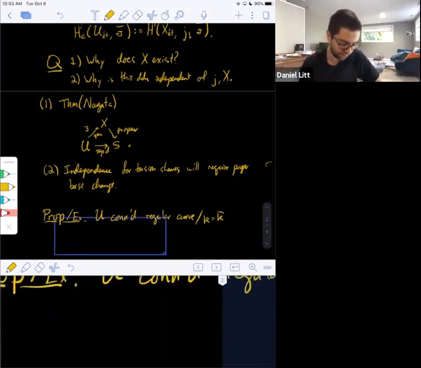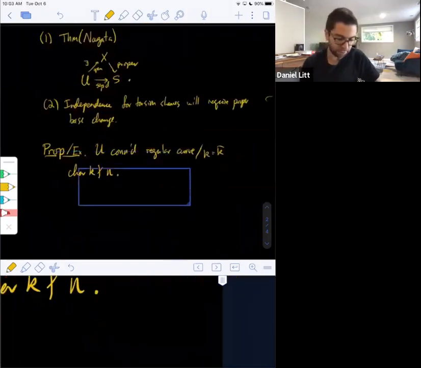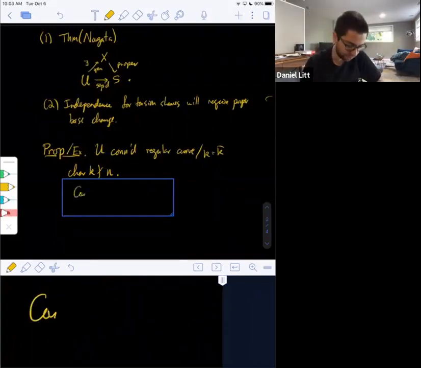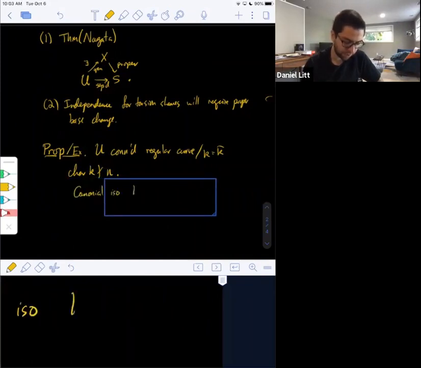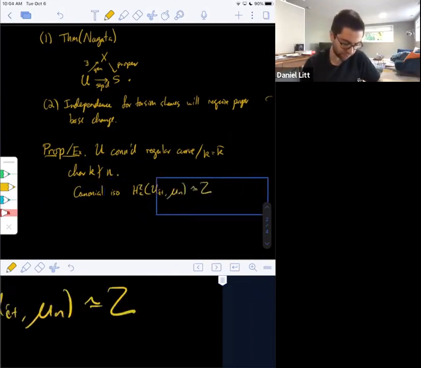And let's suppose that the characteristic of K does not divide an integer N. Then what we want to do is compute the compactly supported étale cohomology of U. So the proposition I want to state is that there's a canonical isomorphism H^2 compactly supported of U étale with coefficients in mu_n with Z mod nZ.